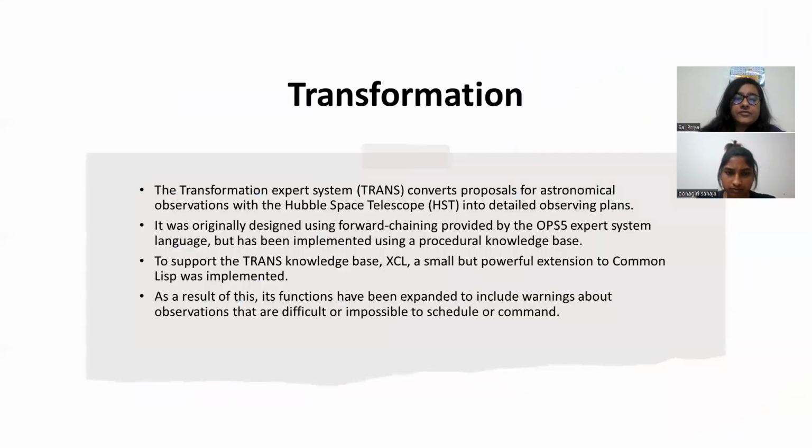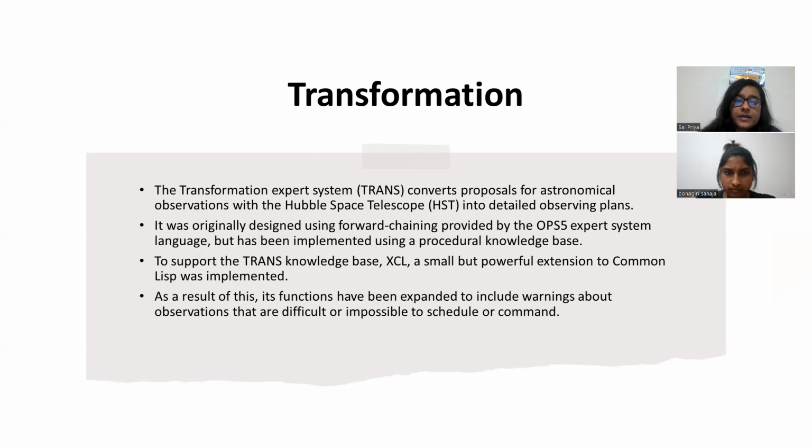Coming to the transformation, transformation is operational and plays a critical role in the HST ground systems. It was originally built using the OPS5 expert systems language with forward chaining, but it has since been re-implemented using a proposal knowledge base.